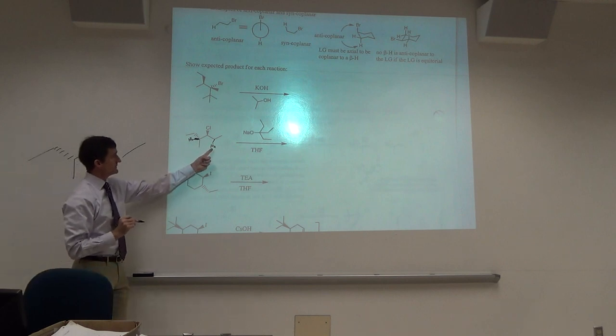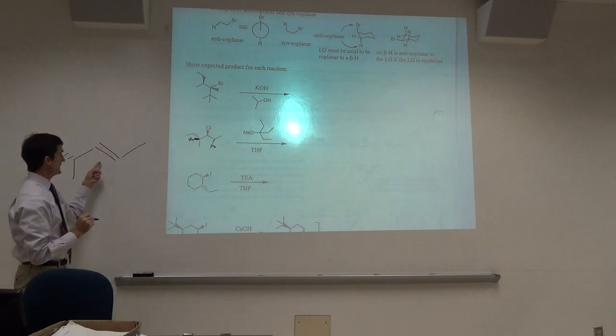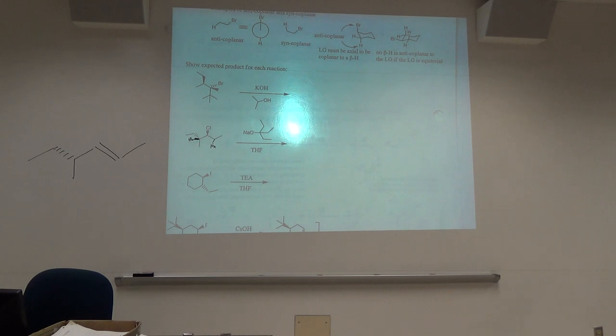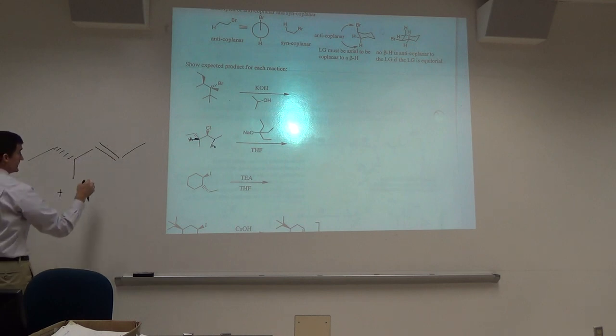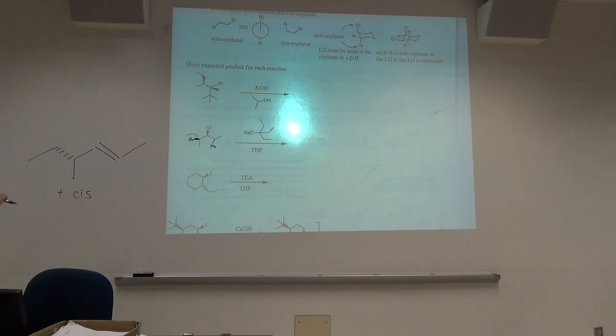If we eliminate that H and Cl, would we get this product? But this also has a stereoisomer. That would be trans, but we also get cis as possible. We could also show a cis.